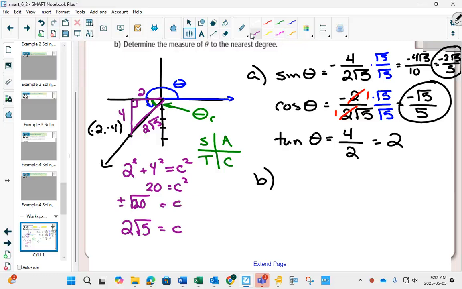So if I was choosing one, I go to my triangle, my reference angle is here. I would probably choose tan just because it doesn't use a square root. The other ones are going to work fine. You could use your calculator to do them as well.